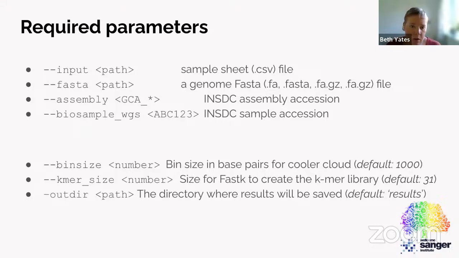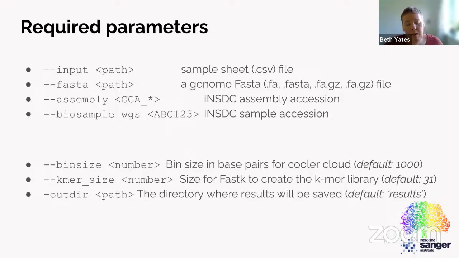The assembly accession, which we expect to be an INSDC GCA format accession, and the biosample accession for the sample that contains the whole genome sequencing. These are absolutely required for the pipeline to run.